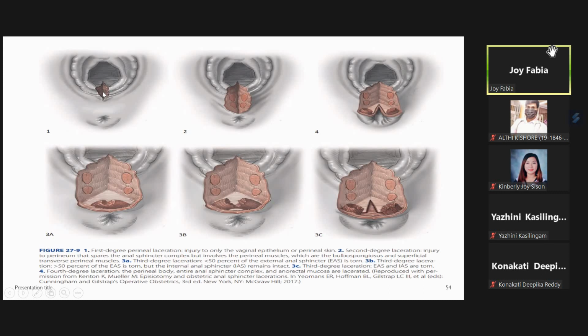Here, this is the first degree perineal laceration, and the injury is only the vaginal epithelium and the skin. And then the second degree laceration spares the anal sphincter complex, but the perineal muscles are involved.